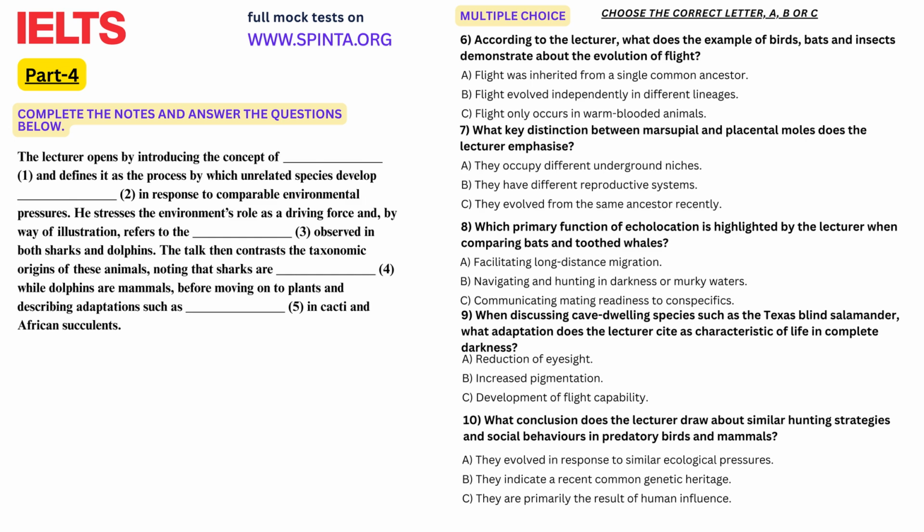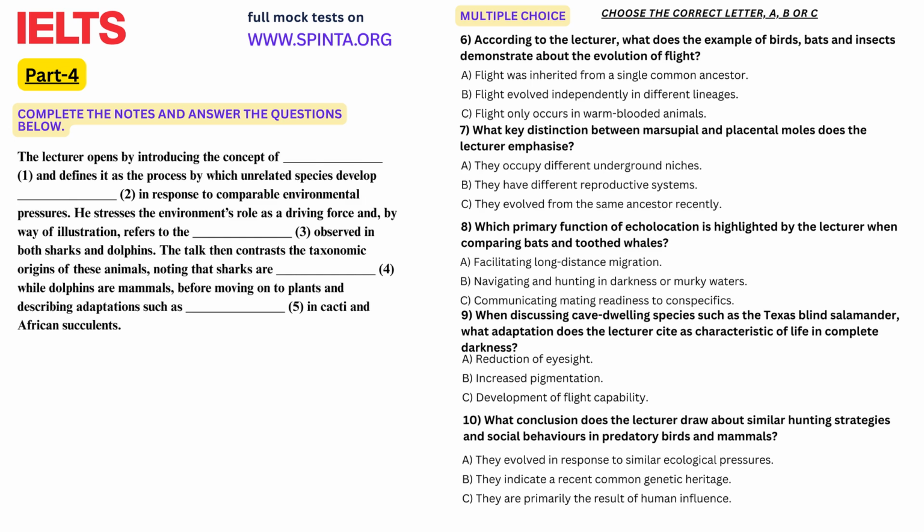Additionally, the evolution of echolocation provides us with another case to consider. Bats and certain species of toothed whales, like dolphins, have both developed this ability, although they originate from distinct evolutionary lineages. This sophisticated adaptation allows them to navigate and hunt effectively in darkness or murky waters, representing example number 5 in our discussion of convergent evolution.